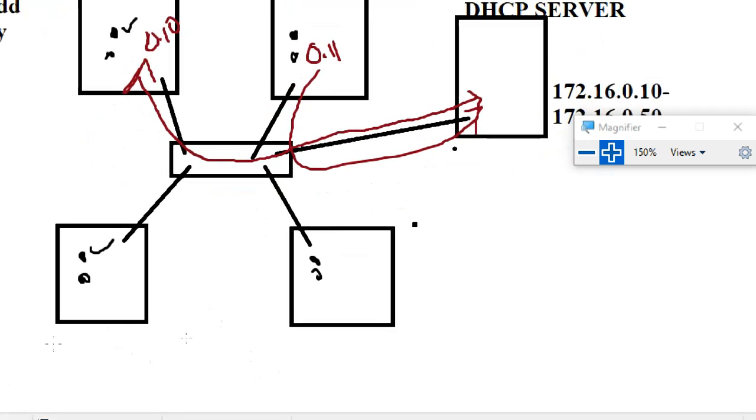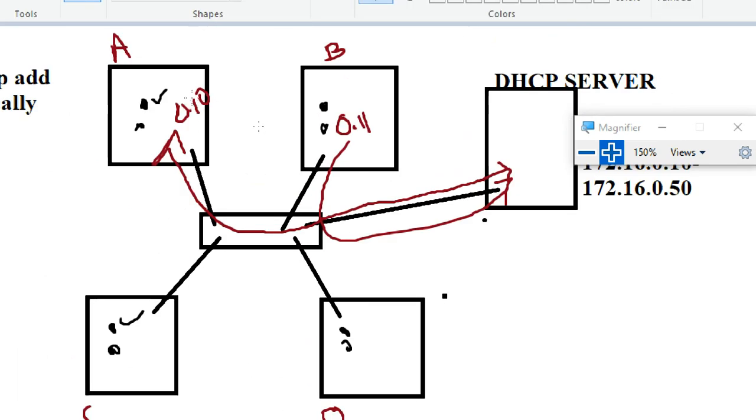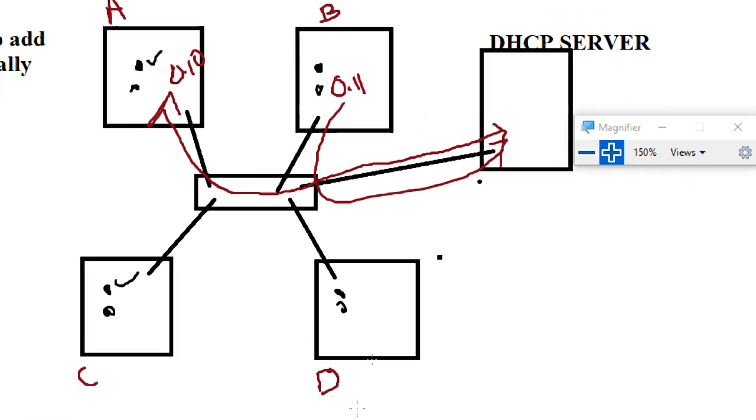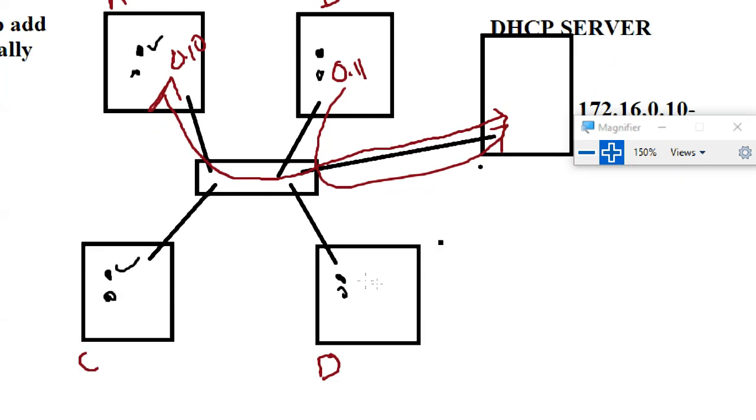Next, B. This is C. This is D. Here, PC A started first. I switch on PC A, then B, then D, then C. So PC D also sends a request. I got 0.12, means 172.16.0.12.